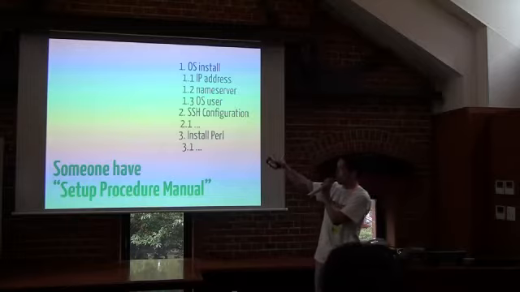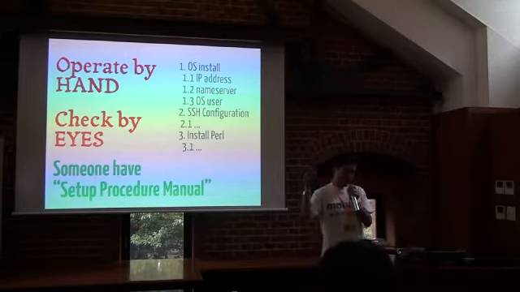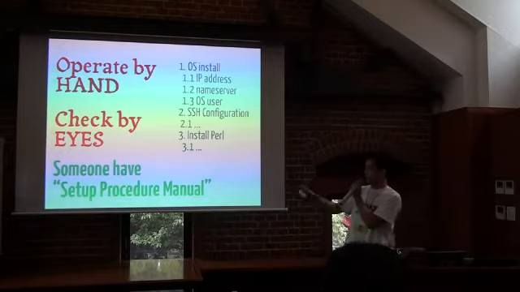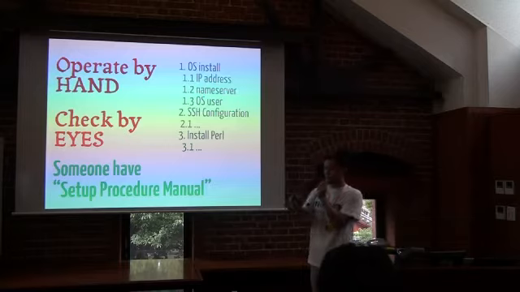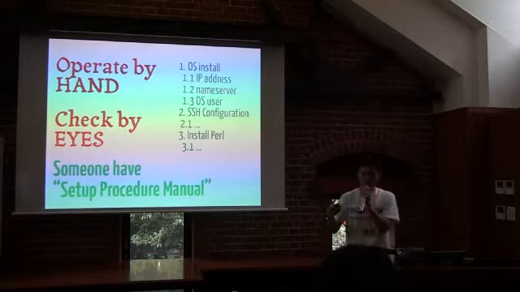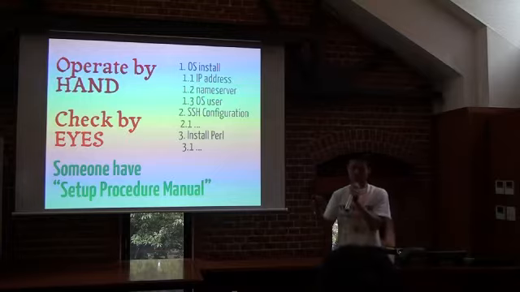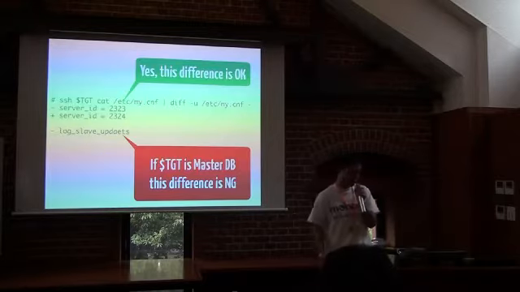Then this is configuration and then blah blah blah. So operating by hand manually and checking by eye. So is this IP address correct or not? You check by eyes only. So misoperation happens in this situation.